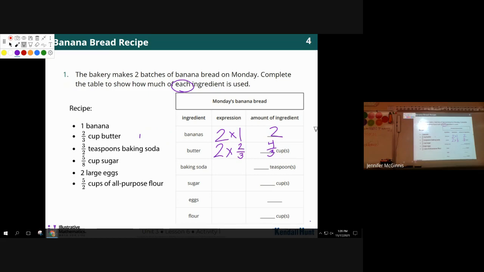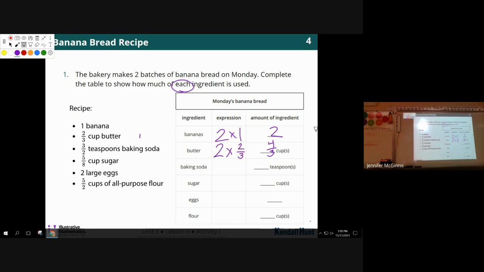Seven. Oh, because there's that 2. What's 2 times 2? 4. 7.